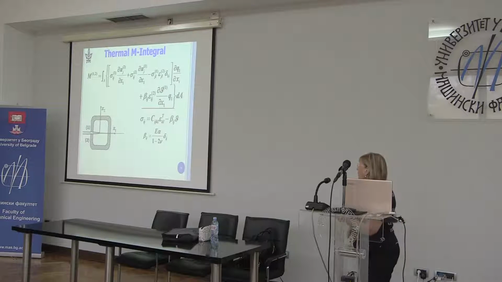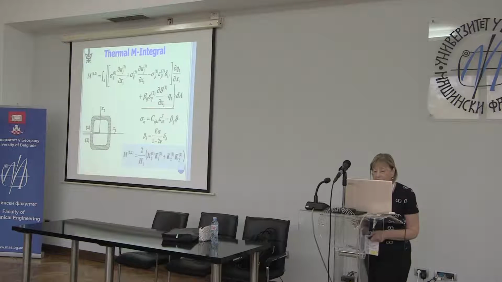And here is beta ij. Of course, you have to have a K on these for upper and lower, but beta ij is just related to Young's modulus, the Poisson's ratio, and the coefficient of thermal expansion, and this is the Kronecker delta, delta ij.